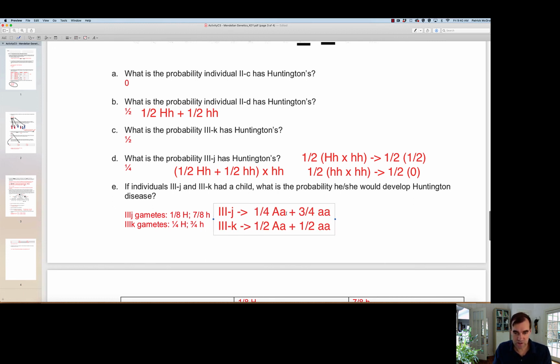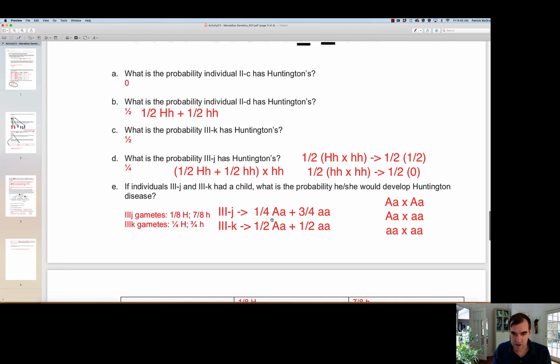So now what we want to do is actually write out all of the possible crosses. So this individual could be these two genotypes, this individual can be these two genotypes, and so that means that it could be these three different crosses. So these are the three possibilities.